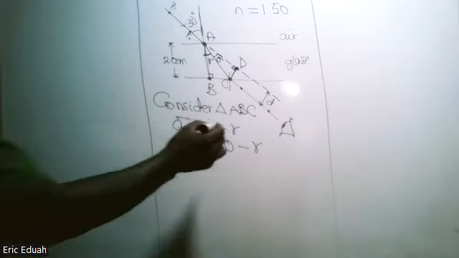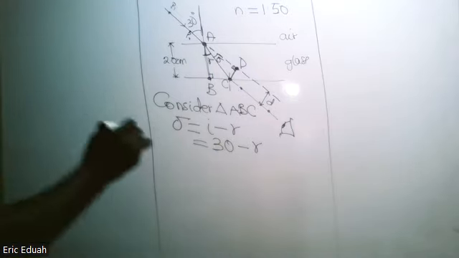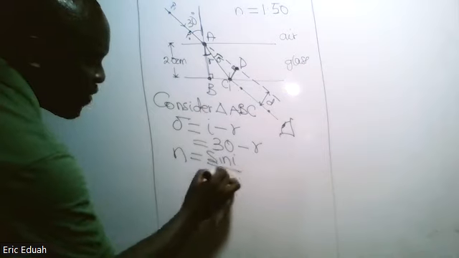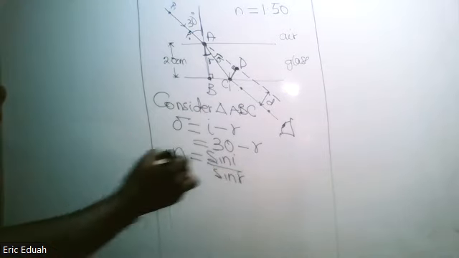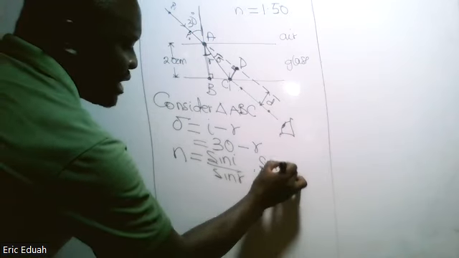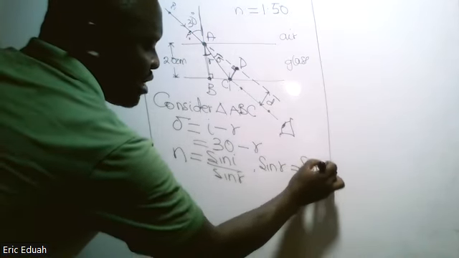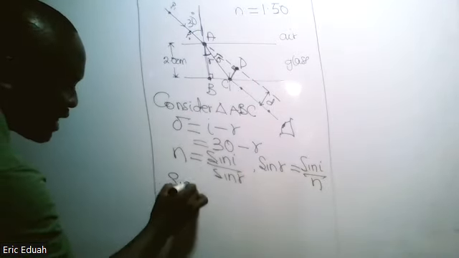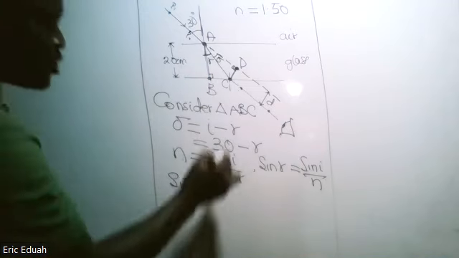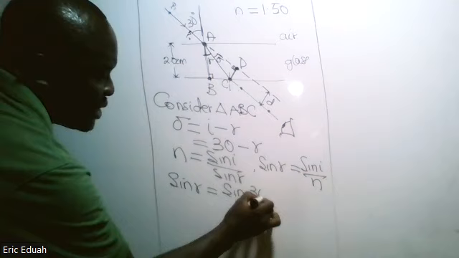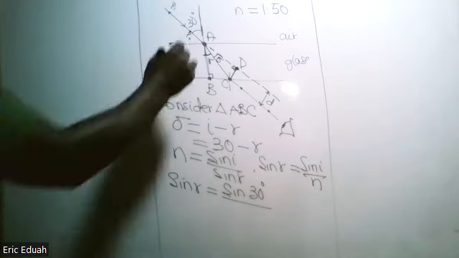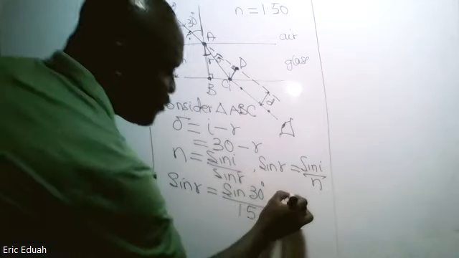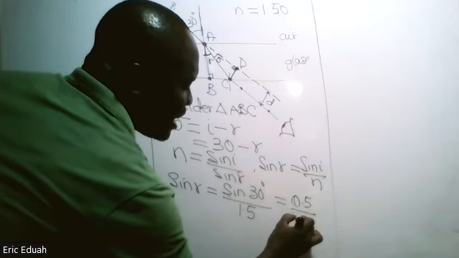So let's first find the value of R. When we use absolute refractive index is equal to sine of I over sine of R, so that when we make sine R the subject, we have sine I over the refractive index. I is 30, so sine 30 degrees over the refractive index, which is 1.5. Sine 30 is 0.5, so 0.5 divided by 1.5.